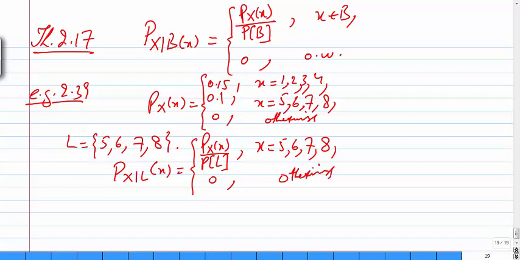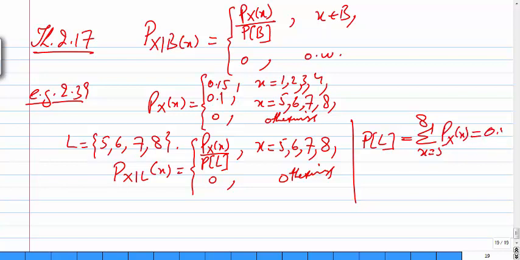Now we have to calculate the probability of L, which is the sum over x from 5 to 8 of the PMF of x. When we solve this, it comes out to be 0.4.